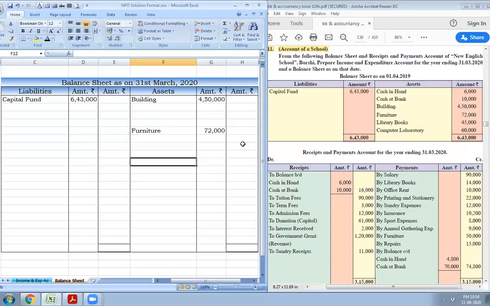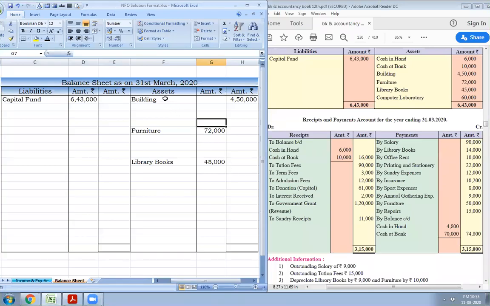Next item, library books. Amount is 45,000.